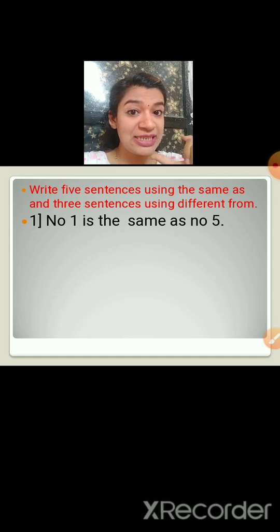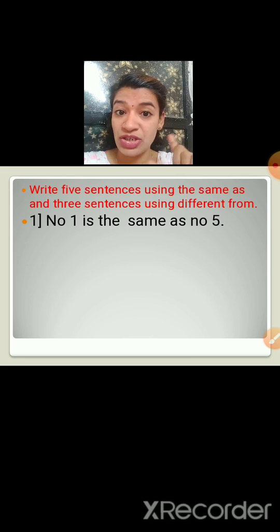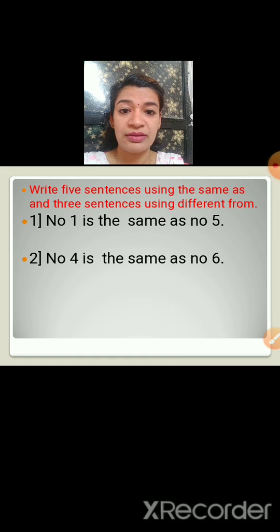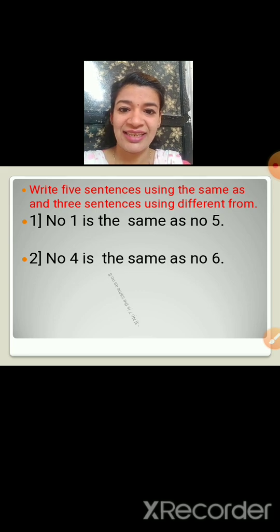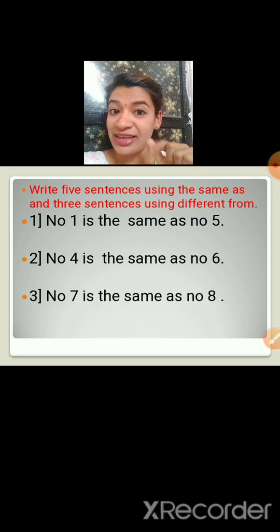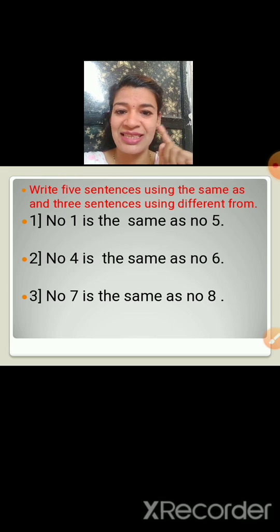Now what is the next shape? Both the shapes should be the same. Number 4 is the same as number 6. Yes. And what about the triangles? Yes. Number 7 is the same as number 8.